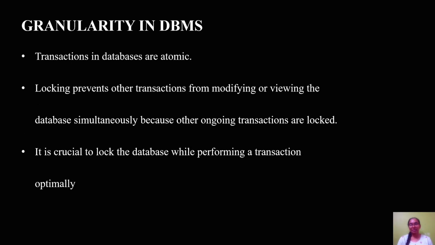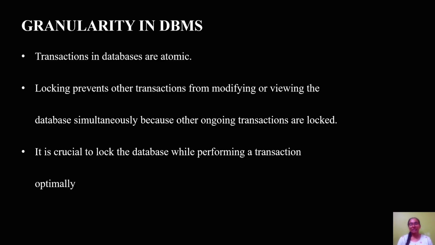Granularity in DBMS. Transactions in the databases are atomic, which means when a transaction needs to access the values in the database, a locking protocol is used to lock the database.